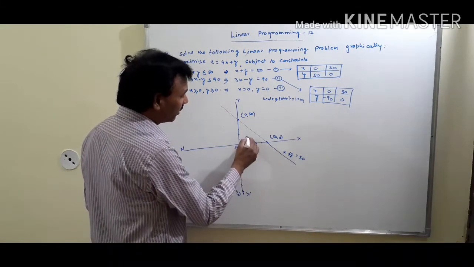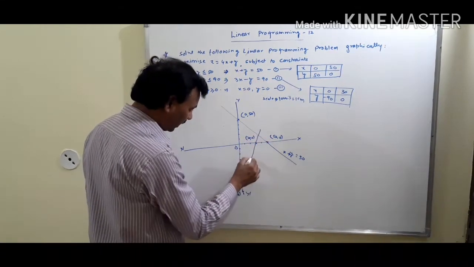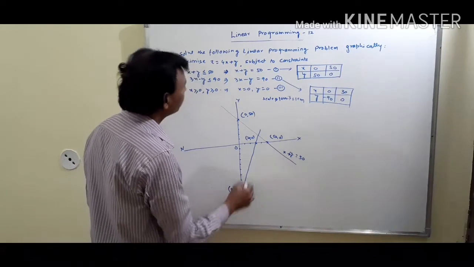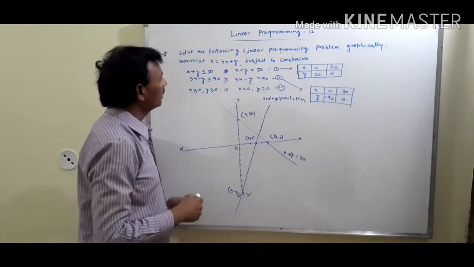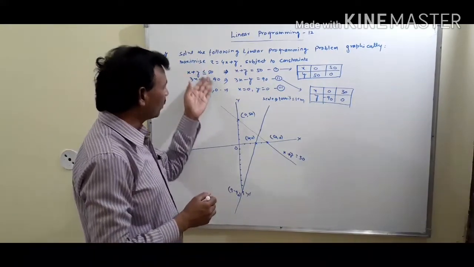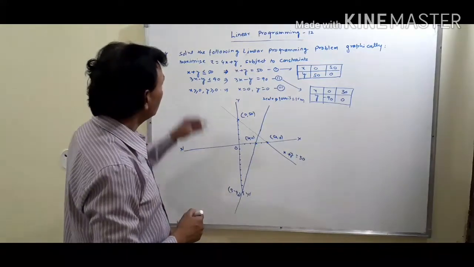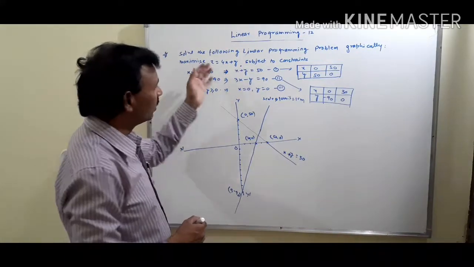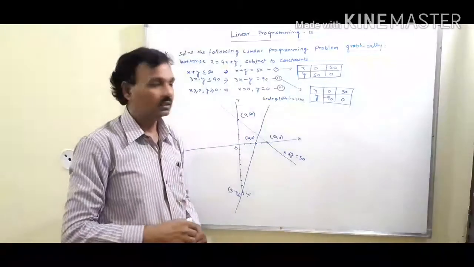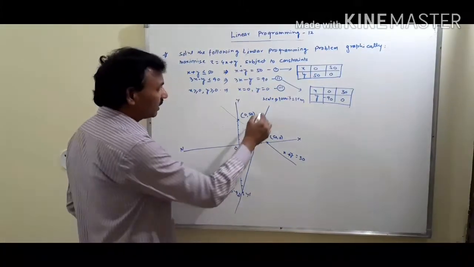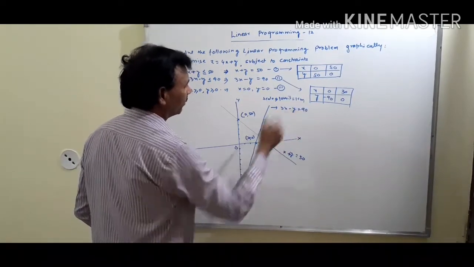Join these points like this. Since the equal to sign is also given here, the line will be regular. If it were only less than or only greater than, you should draw this line dotted. This line is 3x minus y equal to 90.